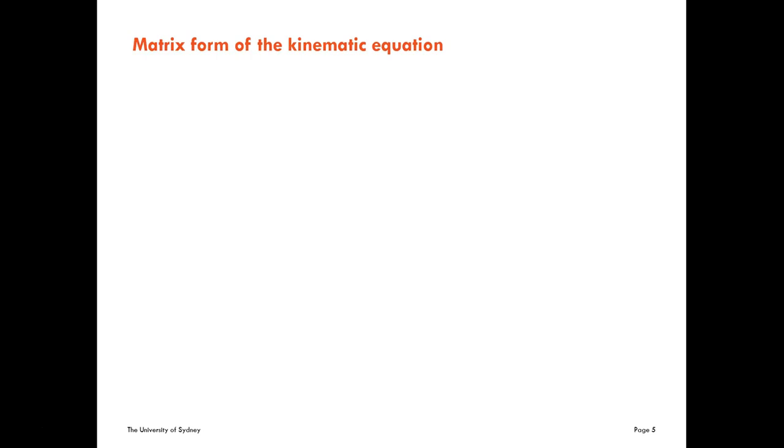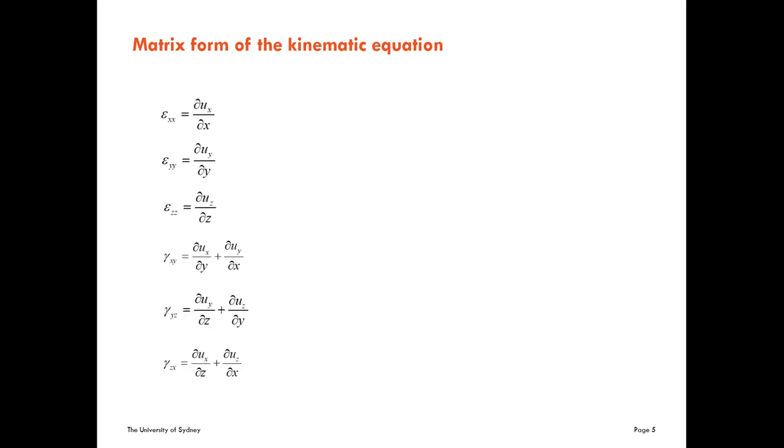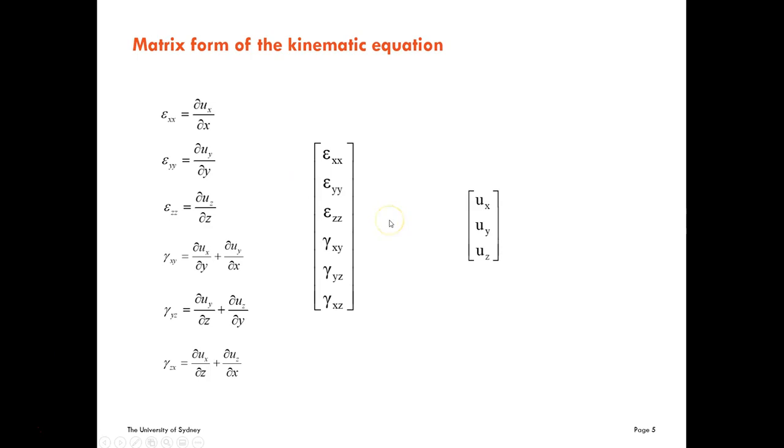So we can write this in a matrix form. Here I am writing again all the equations for the strain, and I will put all these components of the strain in a vector, a 6-dimensional column vector. Comparing with these equations here, I can write this as a relation between these components.